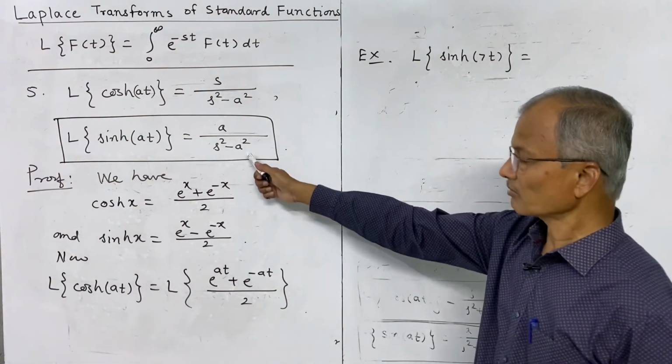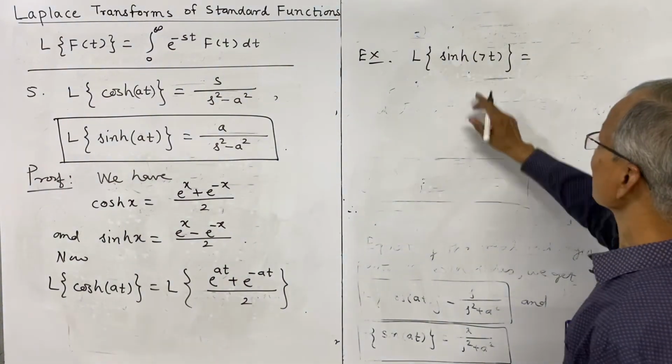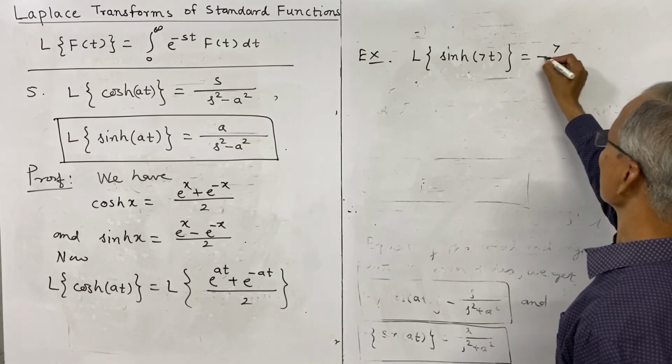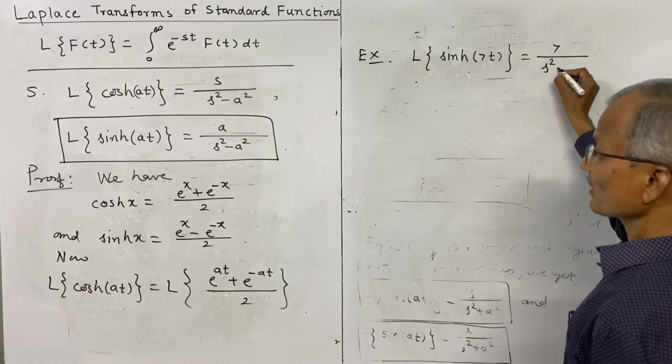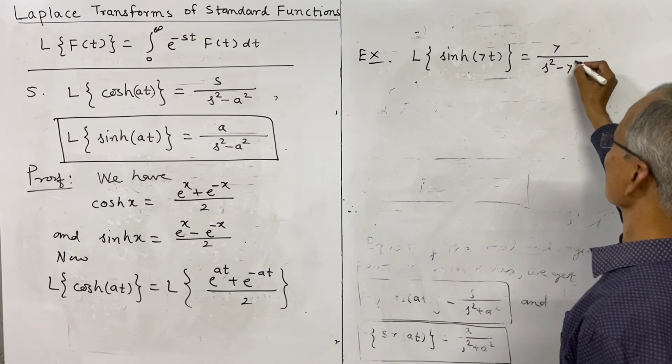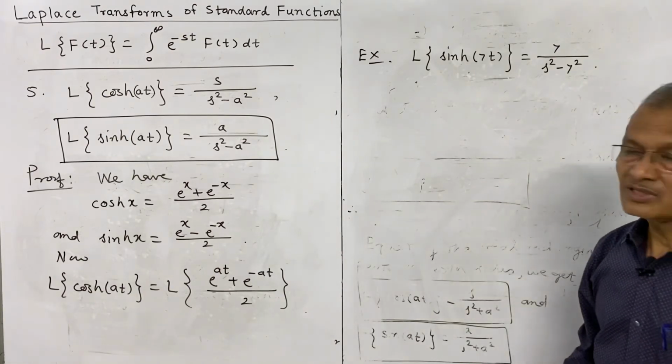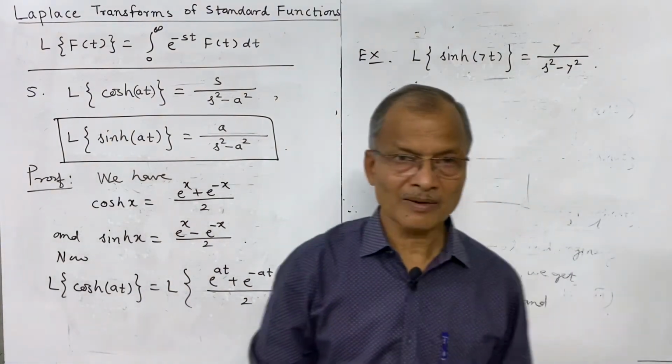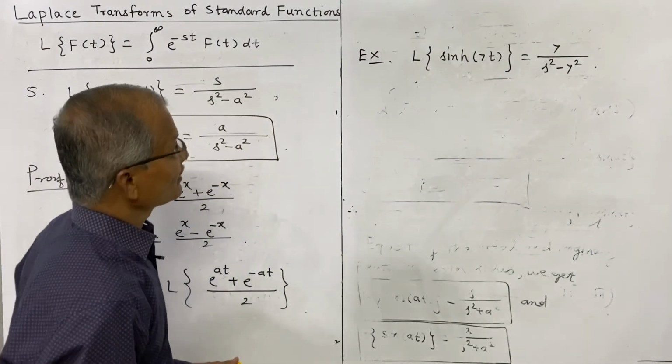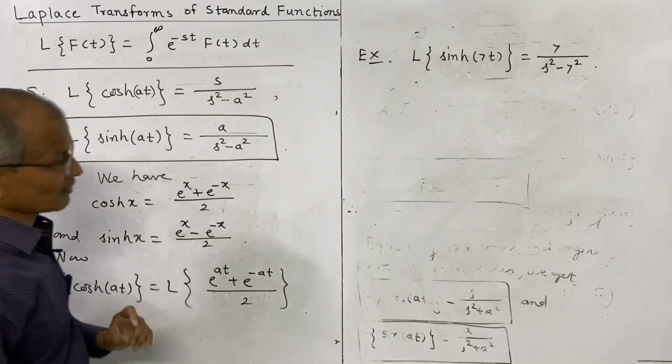This formula is to be used, and a here is 7. So this will be 7 divided by s square minus 7 square, which is 49. So in this way we can use the formula easily.